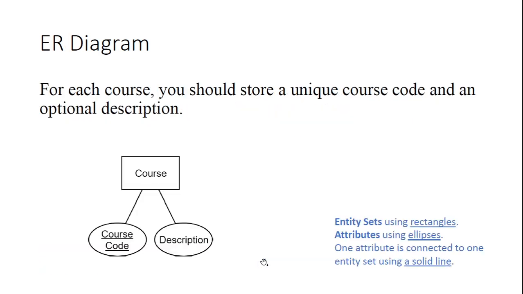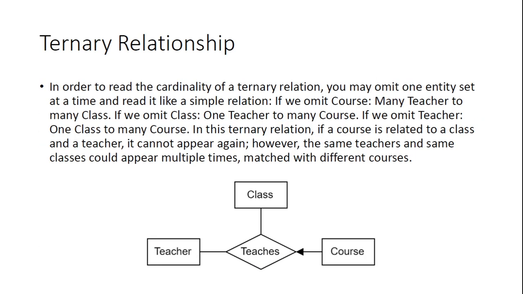But if we have three or more entity sets, how to read it is like this: if we would like to inspect what's going on between classes and course, you can hide the teacher side. So let's omit the teacher side. Then this is a simple relationship between class and course. For a class, there could be multiple courses, but for a course, there is only one class between the class and course.